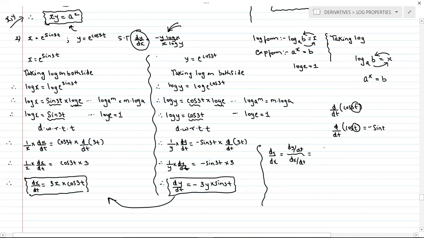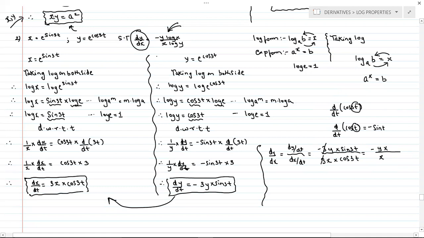So dy by dt is minus 3y into sine 3t, and dx upon dt is 3x into cos 3t. Here we can cancel out 3. So we're left with minus y upon x.